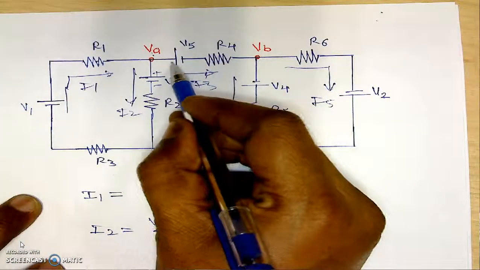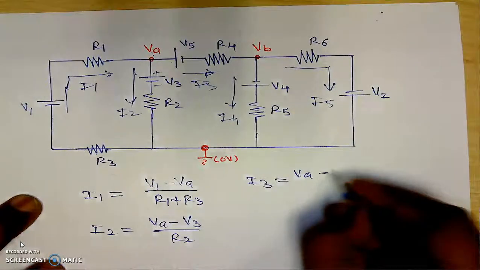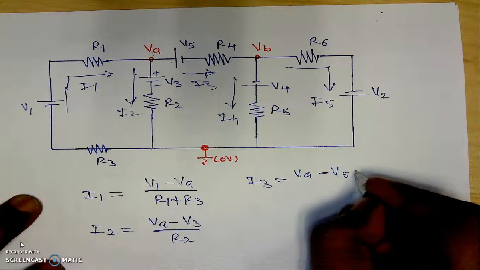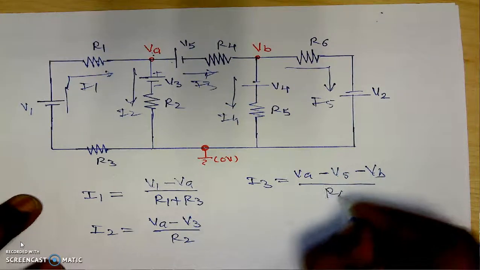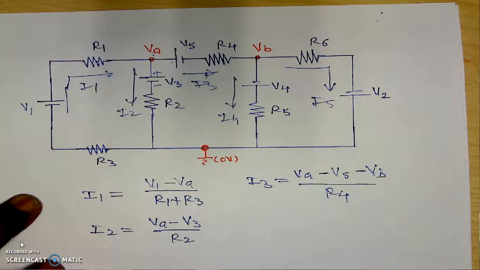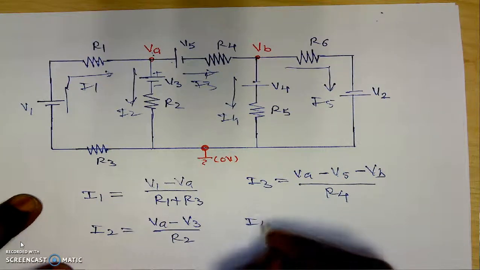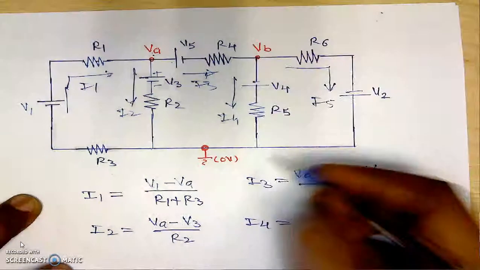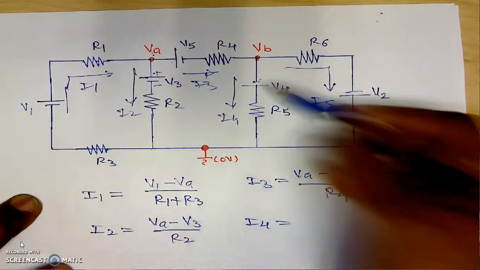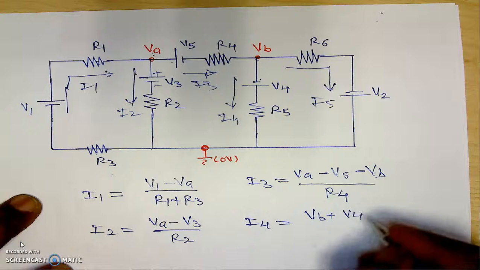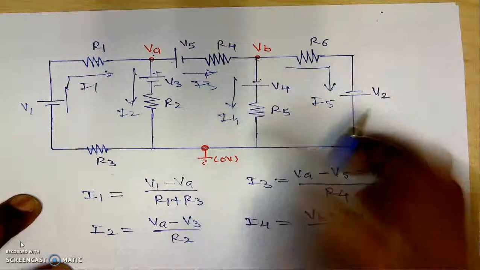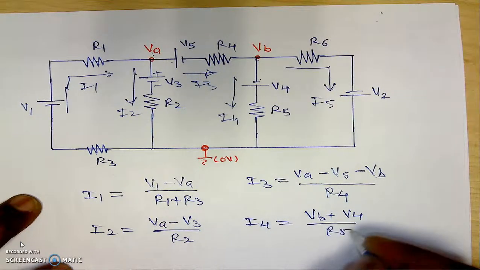For battery we are traveling from positive to negative, which is minus V5, then minus VB divided by its resistance, which is R4. This will be the value of the current I3. If we are finding the value of the current I4 here, I4 in this case will be VB, negative to positive, plus VB plus its voltage V4 divided by resistance of this complete branch, which will be R5.